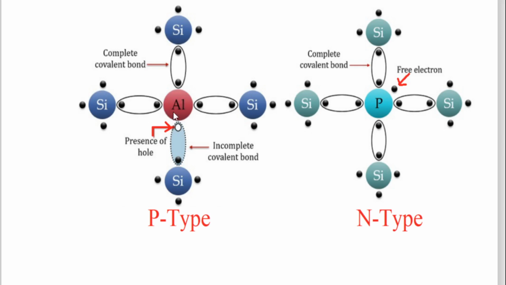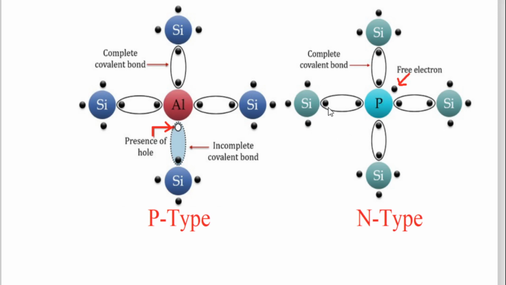This aluminum atom does not have a fourth electron to share with the fourth silicon atom, and that missing electron is called a hole. Normally the p-type material is on the left hand side and the n-type material on the right hand side, which we consider. When we combine the p-type material with the n-type material, what happens?